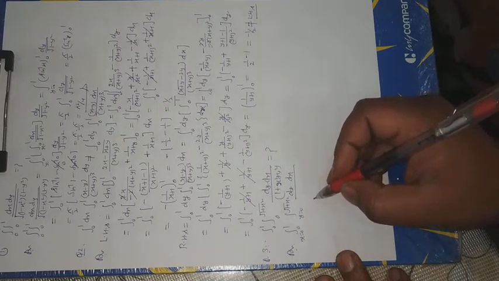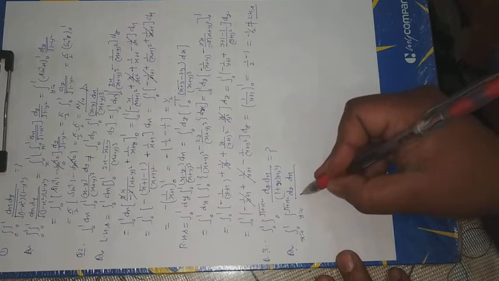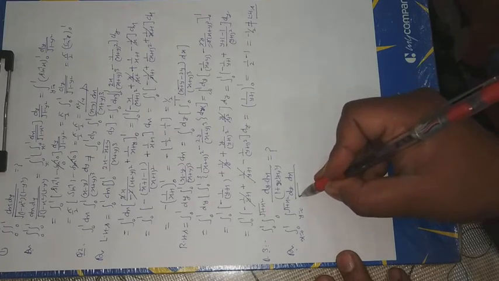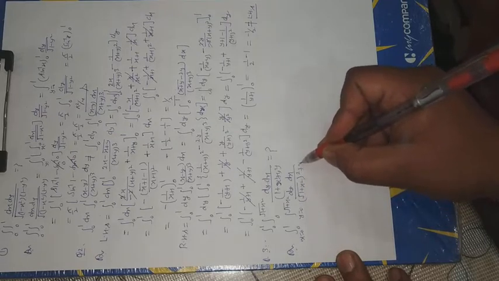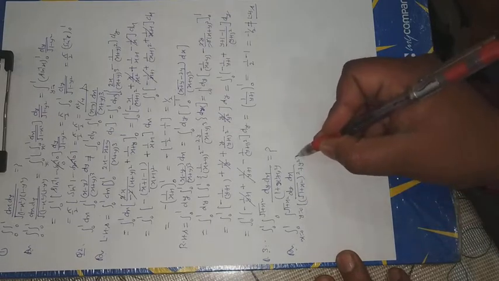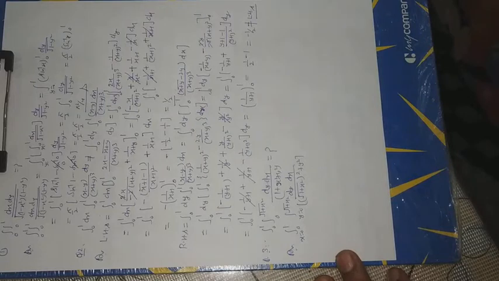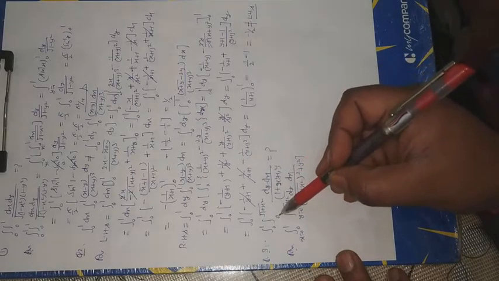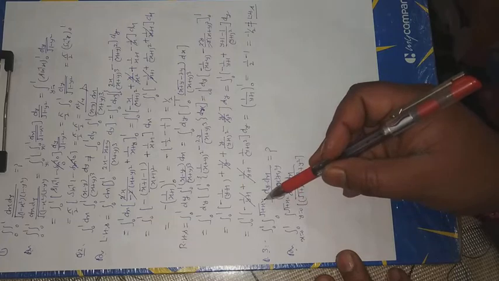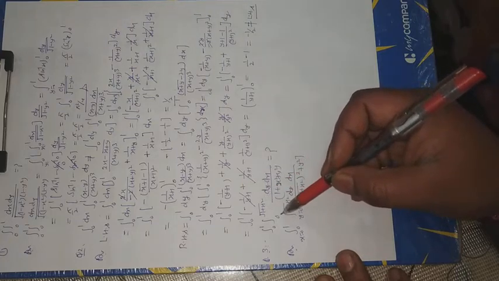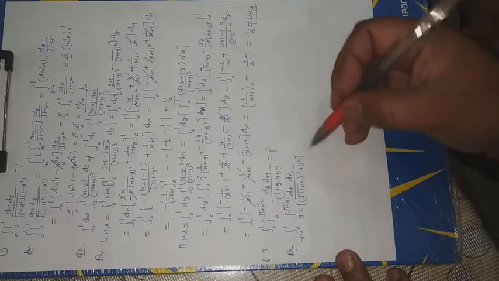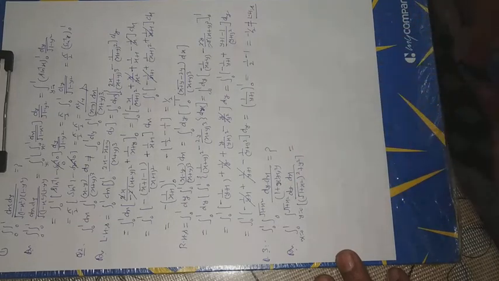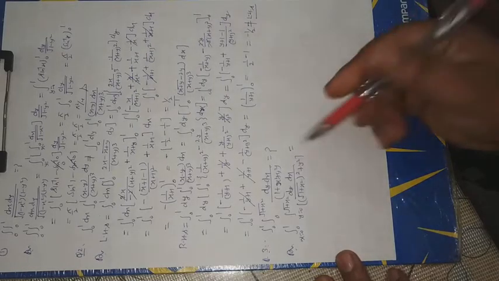Okay. Now we can write under root 1 plus x square whole square plus y square can be written as. Since the limit is in terms of x, that is, we can say this is the limit of y. Now integrate first with respect to y.